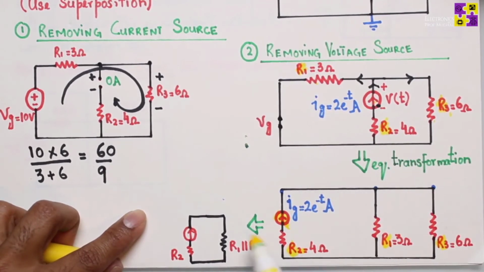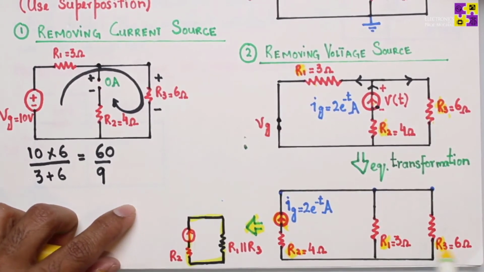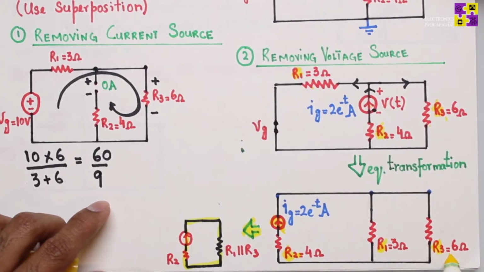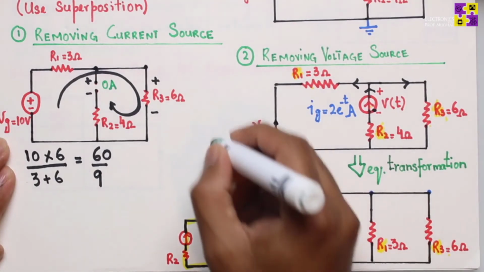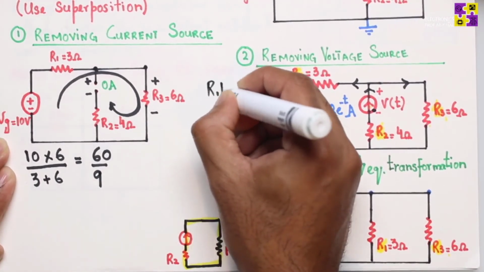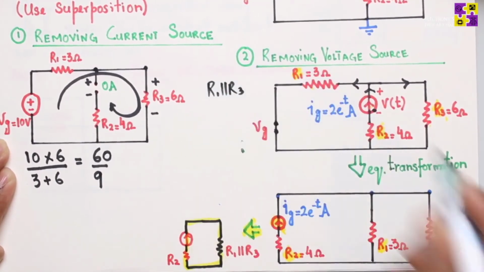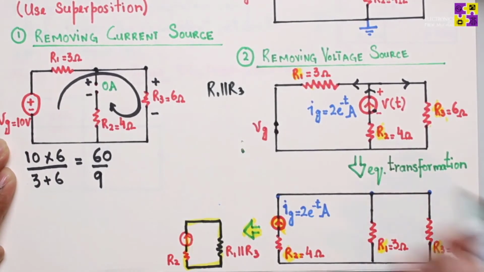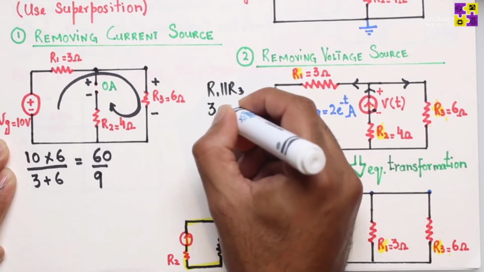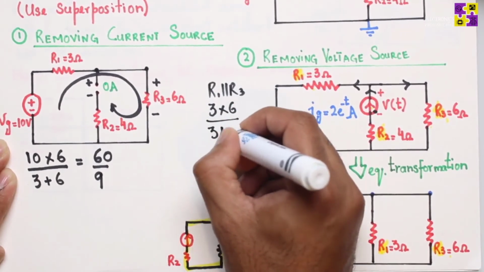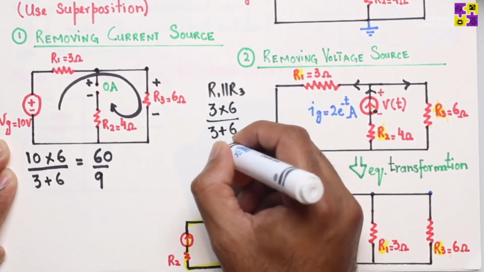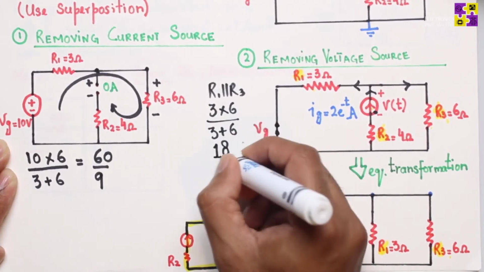I can further simplify this circuit into something very simple, right? Where R1 and R3 are parallel, and it's easier to simplify it here. Since R1 is parallel to R3, R1 is 3 ohms, R3 is 6 ohms. So if we solve it, 3 times 6 over 3 plus 6, that gives us 18 over 9.